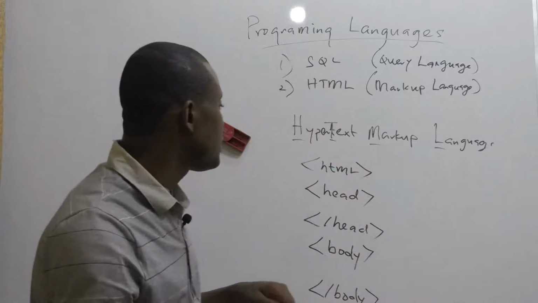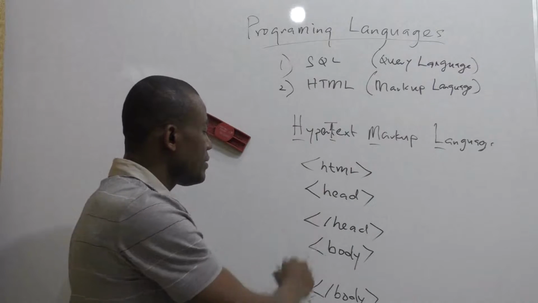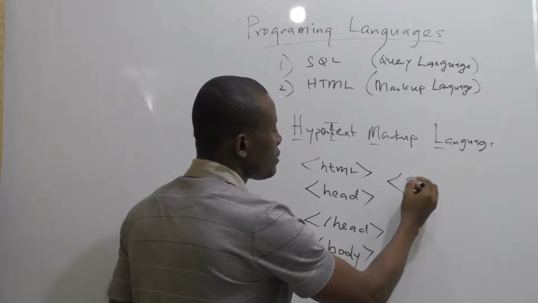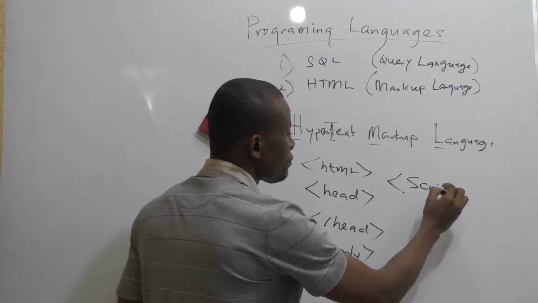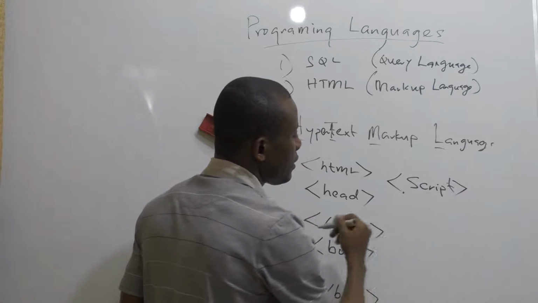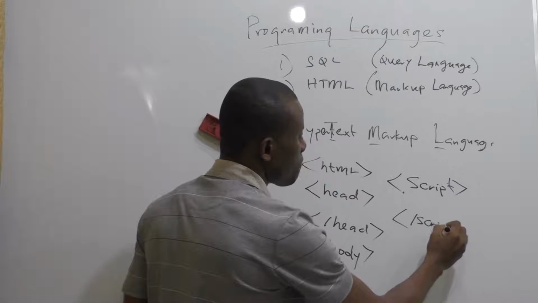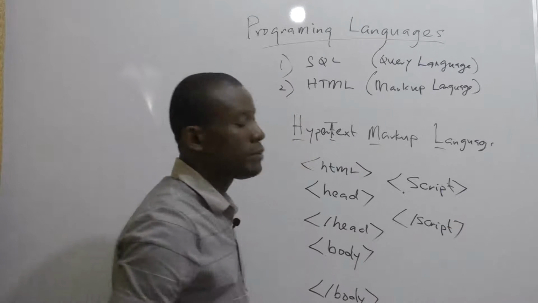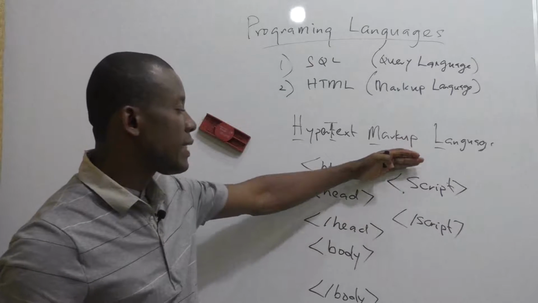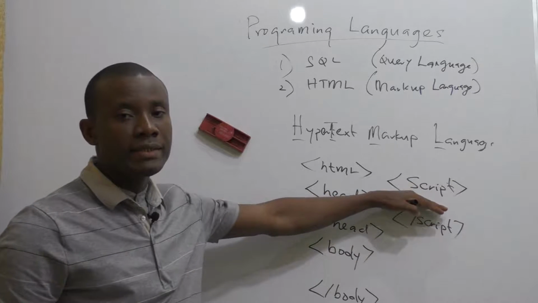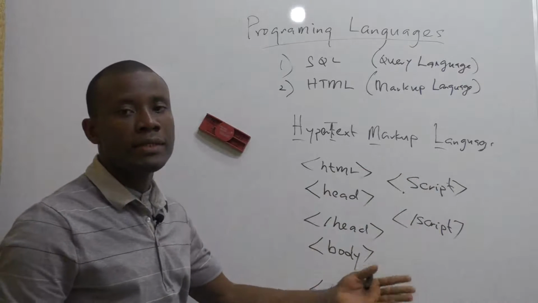So what it means is that you may have inside the HTML, you can have script as a tag, and you have /script. So it means that in between the script and /script tag, you have code written in a particular script.